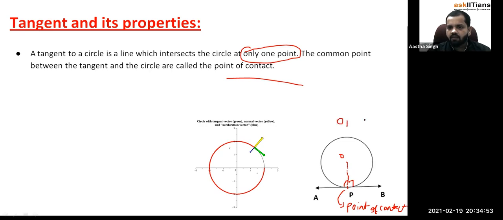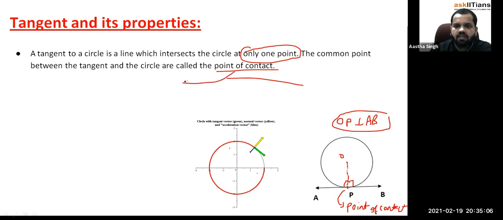Your OP will be perpendicular to AB, right? A line from the center to the point of contact, or you can say to the tangent, is perpendicular. And the point of contact is also known as the point of tangency. I think the point is very much clear to you guys.